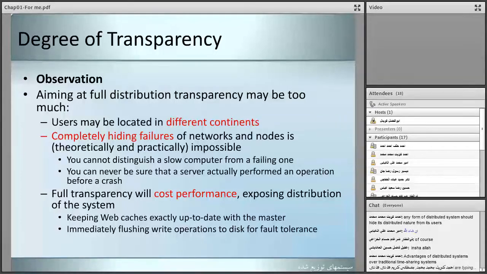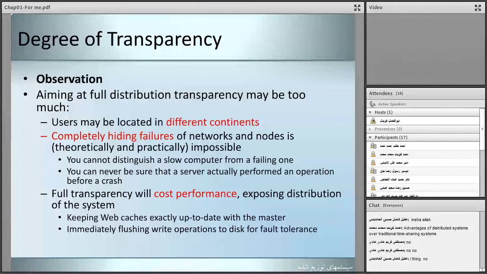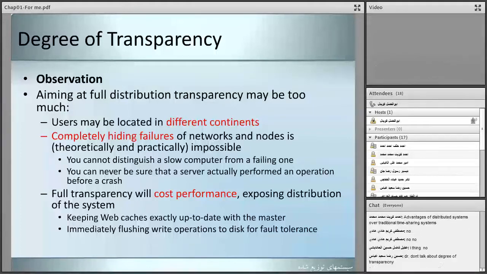You don't remember? No. So, we continue from here. Degree of transparency. What do you think about degree of transparency?